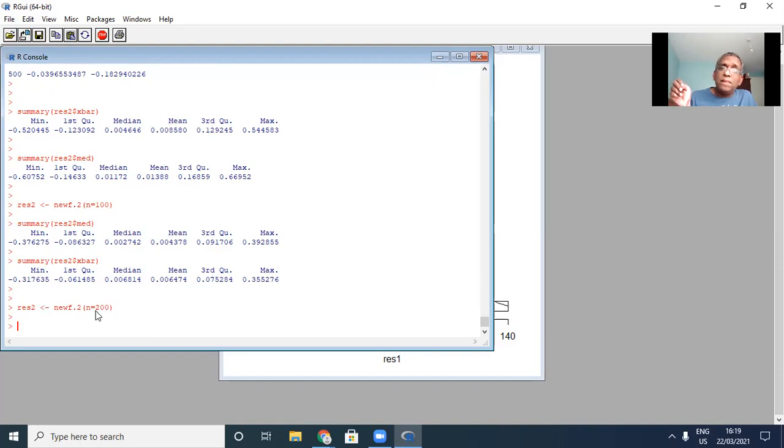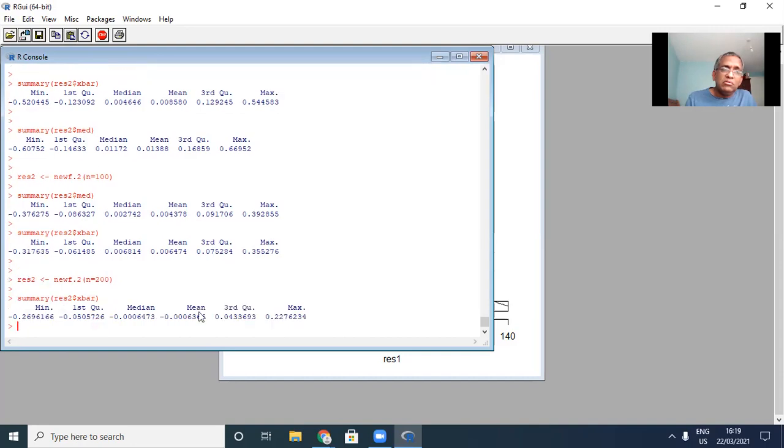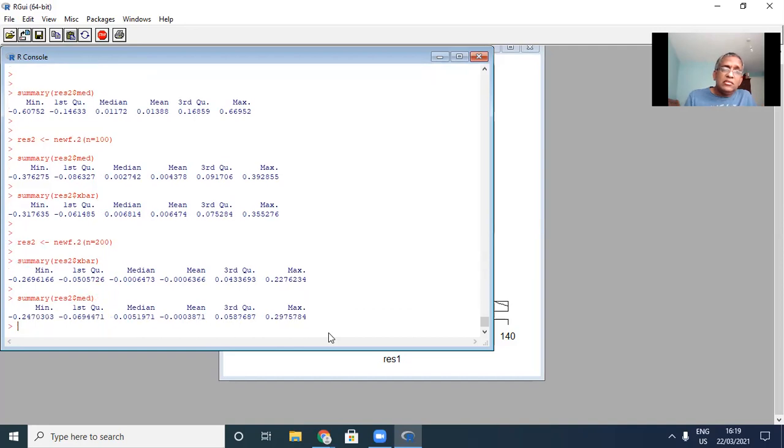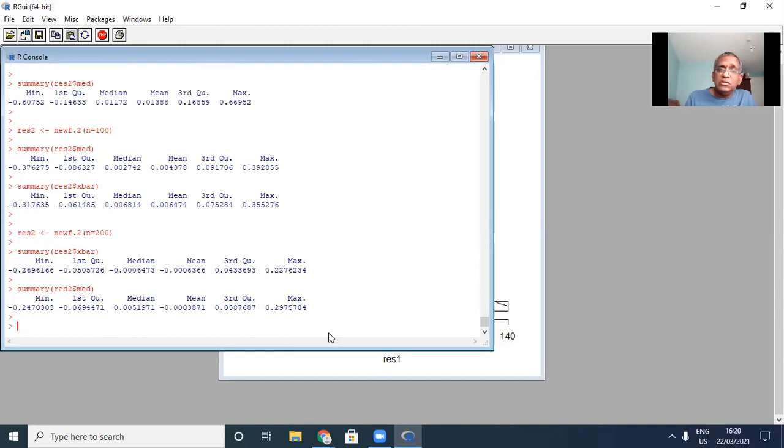So you're computing the mean and the median for each of the 500 samples, right? These values here are the summary statistics for the 500 sample mean values, and these are the summary statistics for the 500 sample median values. Okay.